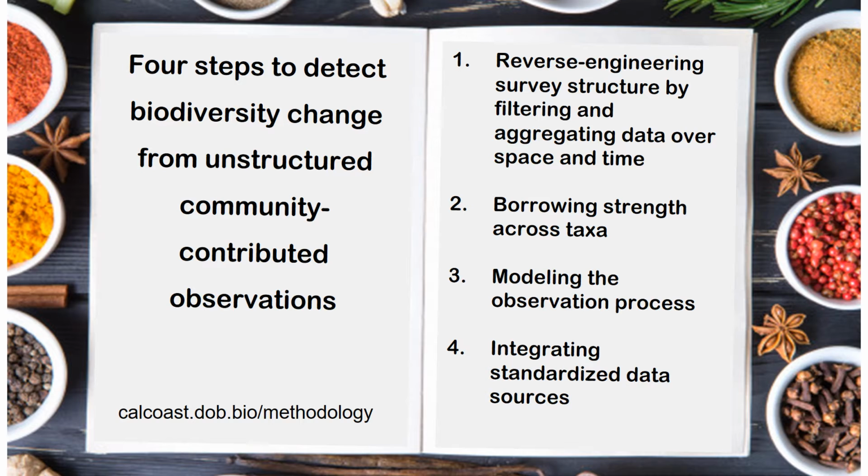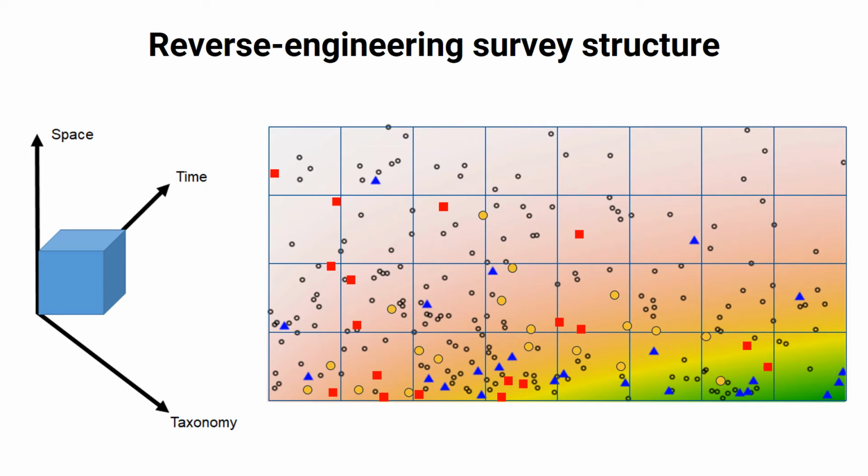In the interest of time, I can't go through all 4 steps in detail here, but I will walk you through a few examples of some of the most useful approaches we found. You can find out more about our developing methodology at calcoast.dob.bio/methodology.